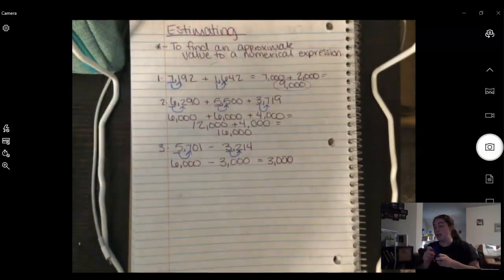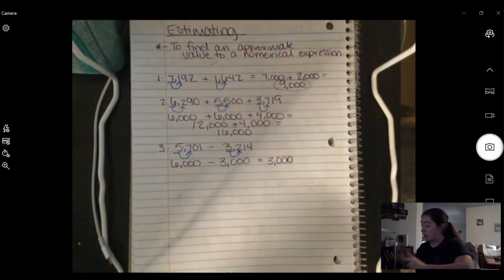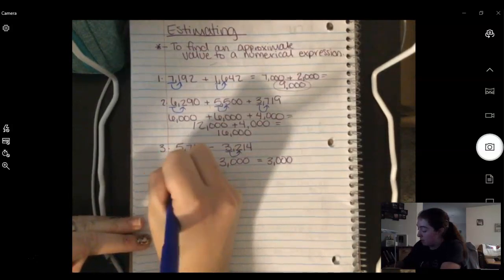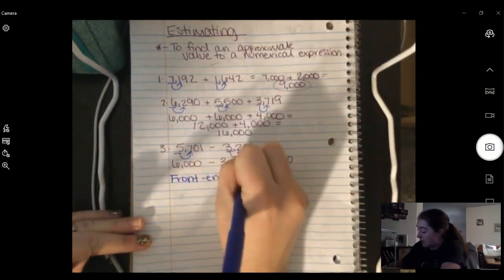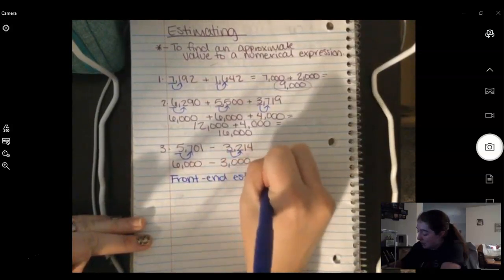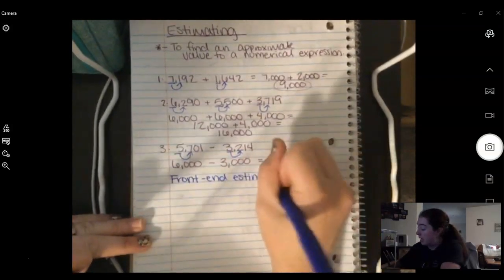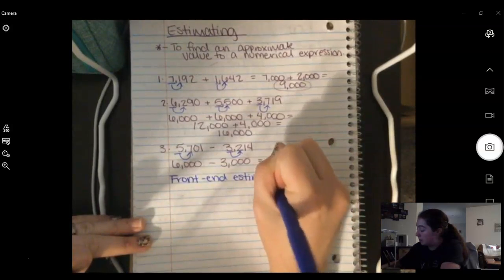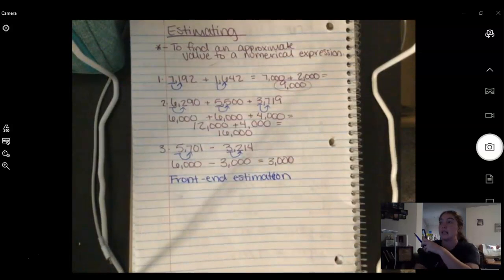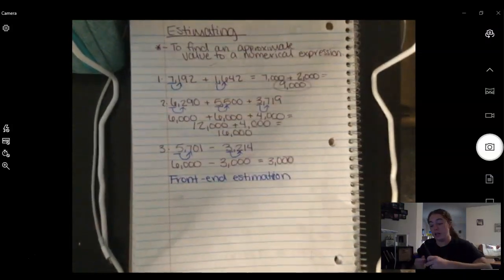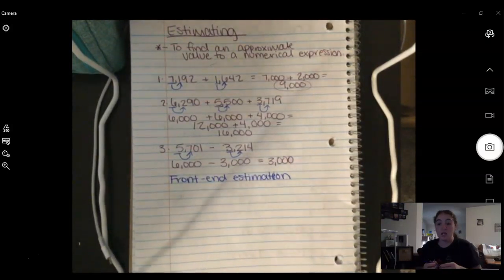All right. So then the next thing that I want you guys to know is front-end estimation. This might sound very scary, but it's not. So what this means is that when a question doesn't tell you exactly where to estimate, you're just going to estimate to the highest place value, okay?